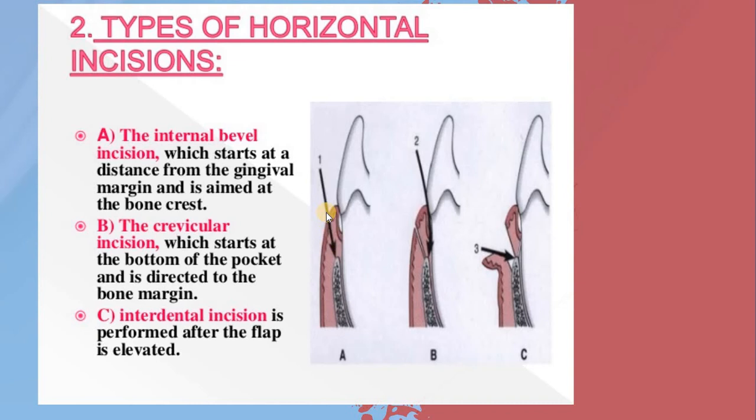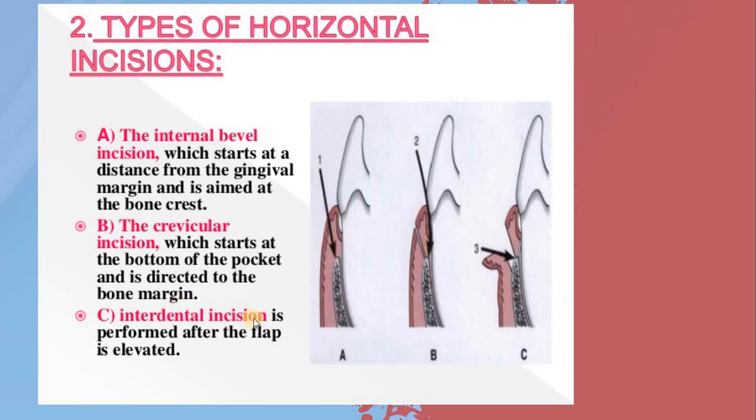So this is the internal bevel incision. While the crevicular incision, which means the sulcular incision, you just put the blade inside the sulcus down to the bone, and this is named a sulcular or crevicular incision.